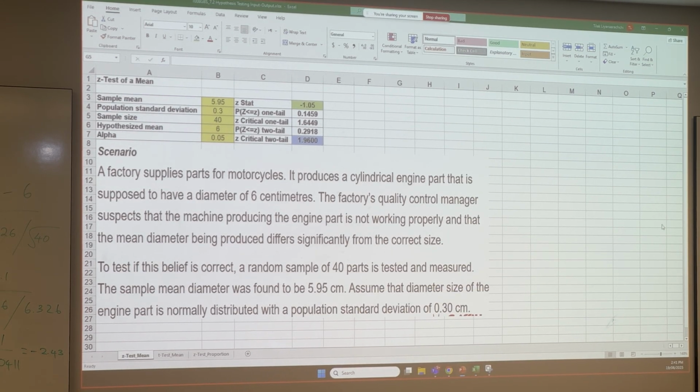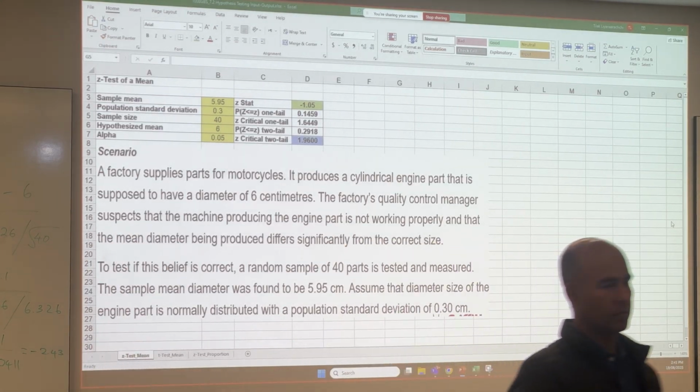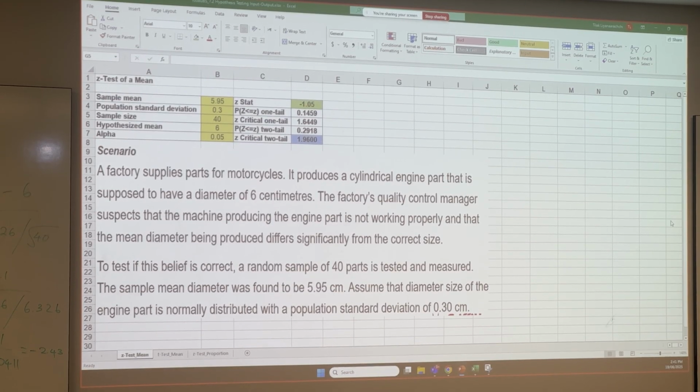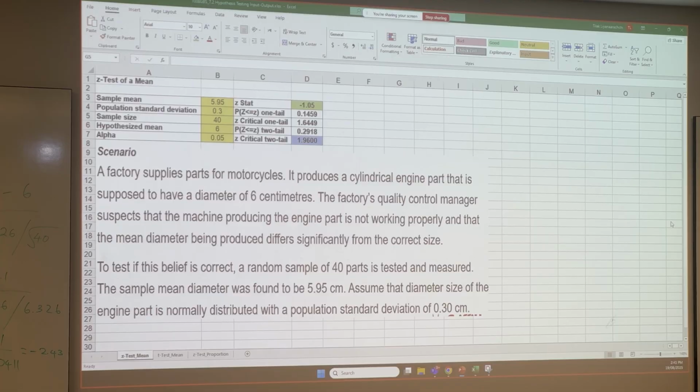What's the question? Where is this one? You go to week 7. Scroll down, further down, the last one.